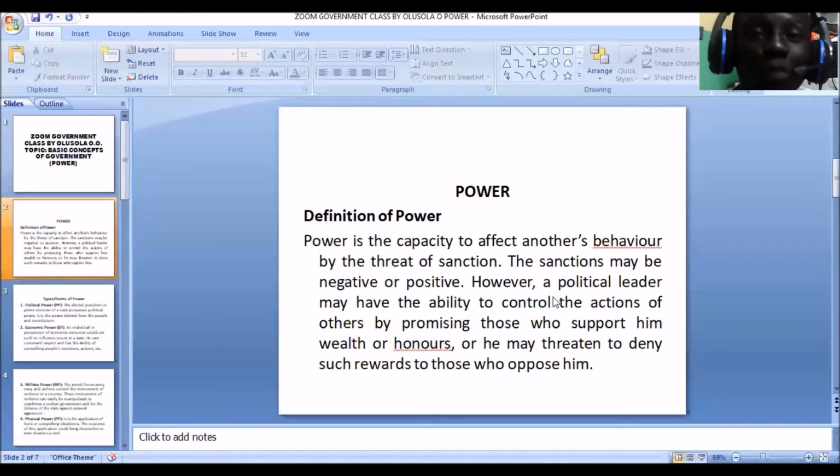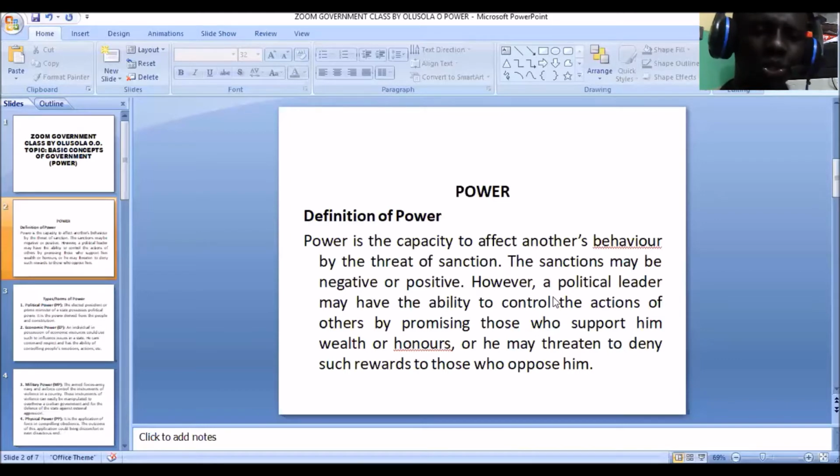Power also operates at the international level. We are going to discuss that maybe when we look at power in the A-level class for the IJB students and GPA students. So power is used to restrain others, and power is also used to influence others.